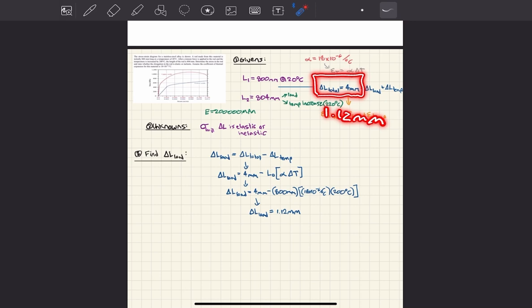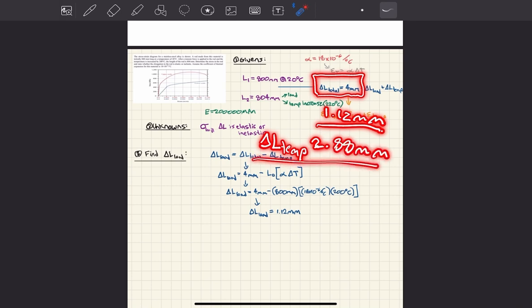If I didn't have that increase in temperature, this would be my deformation. And just for your information, if you rearrange everything, the change in length due to the temperature increase comes to 2.88 millimeters.